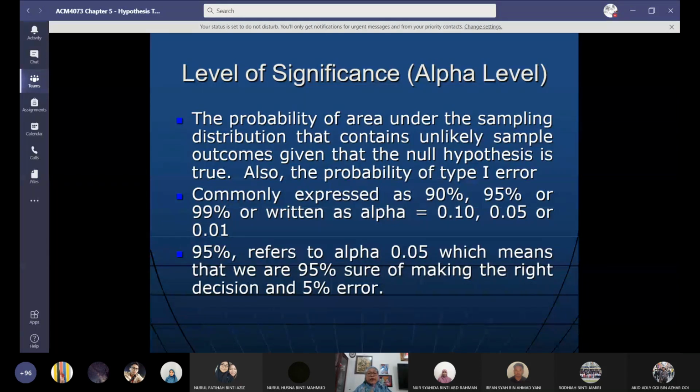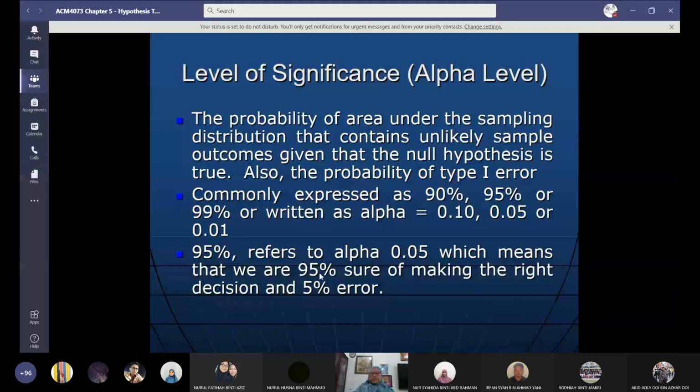So the probability of type 1 error is commonly expressed as 0.10, 0.05, or 0.01, that is 90% or 95%. 95% refers to alpha 0.05, which means that we are 95% sure of making the right decision and 5% error.